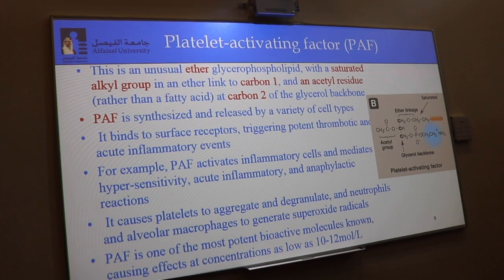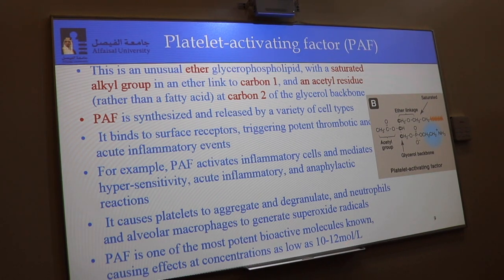Platelet activating factor can activate inflammatory cells and it mediates hypersensitivity and anaphylactic reactions. It causes platelets to aggregate and neutrophils and alveolar macrophages to generate superoxide radicals. So this compound is considered the most potent bioactive molecule. It can cause effects at a very low concentration, which is 10 to 12 mole per liter.